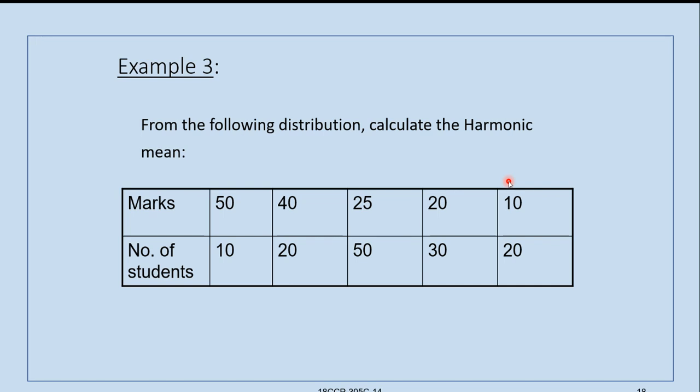We will add all the values of f into 1 by x. Then you apply the formula n by sigma f by x. This is the formula. Now we will see the actual solution.